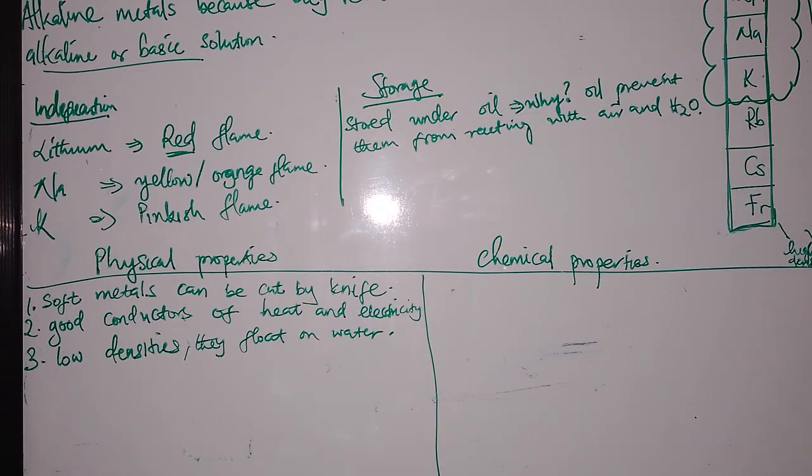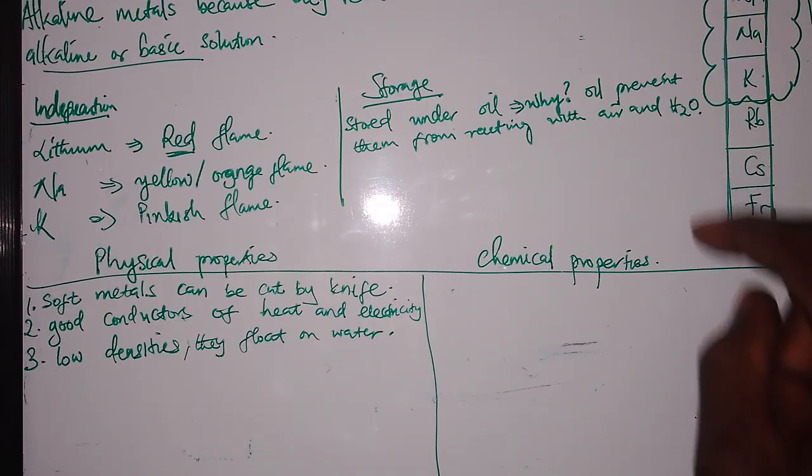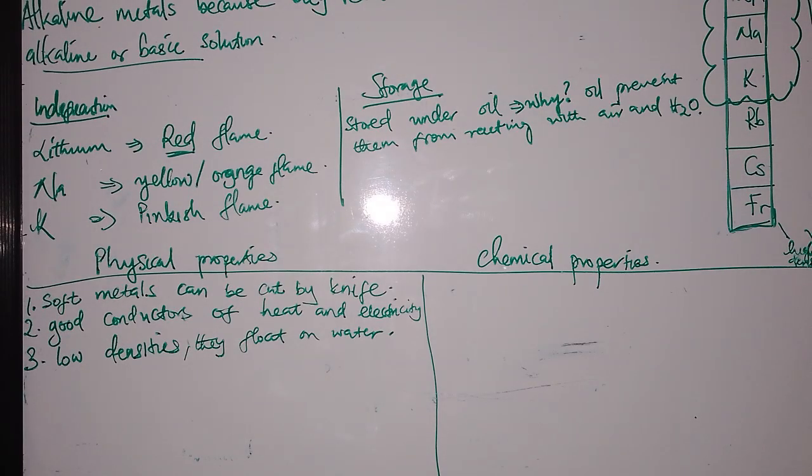They also ask which element among the elements in group 1 has the highest density. It is francium. The one with the lowest is lithium. You have to move from up going down, and their density will be increasing.